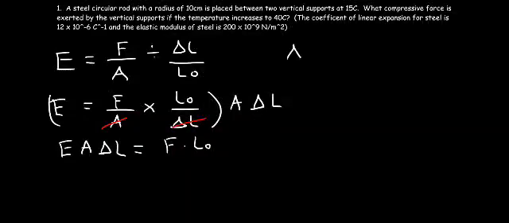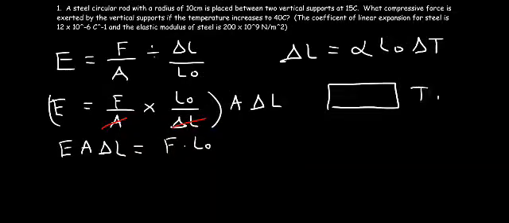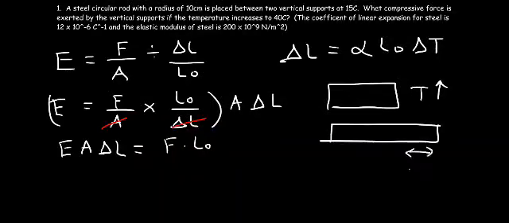Now, another equation that you need to be familiar with is this one. The change in length is equal to alpha, the coefficient of linear expansion, times L initial times delta T. So anytime you increase the temperature, you can calculate the change in length based on that formula. Now what I'm going to do is replace delta L with this expression.